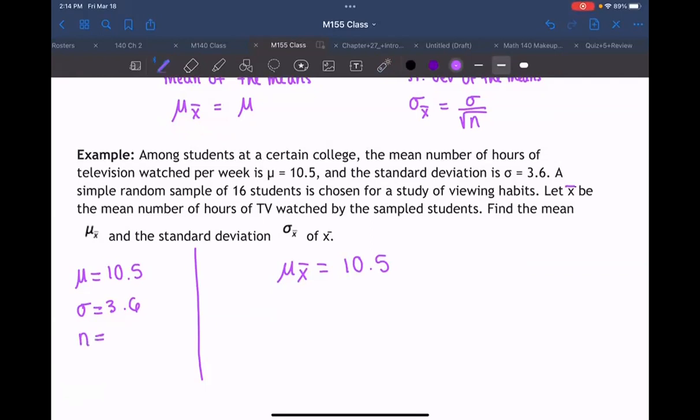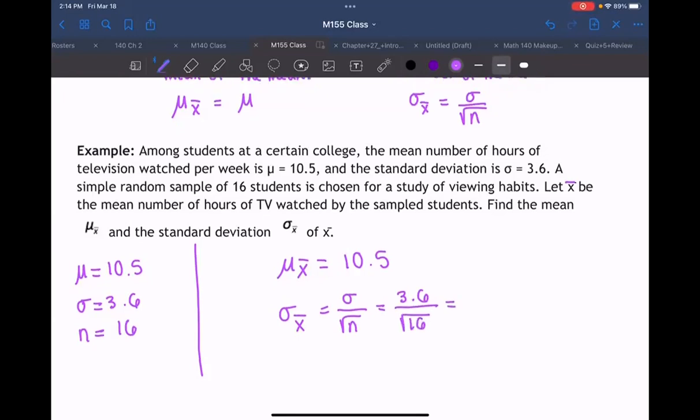We have a simple random sample of 16 students, so n is 16. Just like the last problem, to find the standard deviation of the sample means, I plug into my formula, sigma over the square root of n. Plugging in my numbers, I get 3.6 over the square root of 16. If you type this in your calculator, you'll get something like 0.9, and that's your standard deviation.